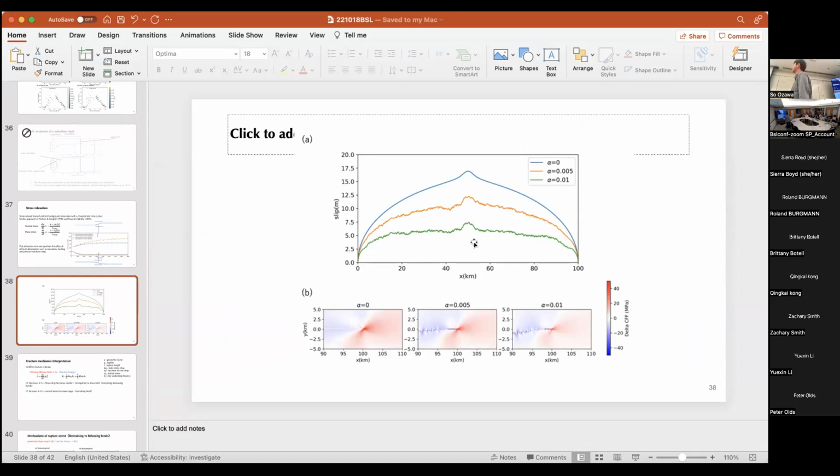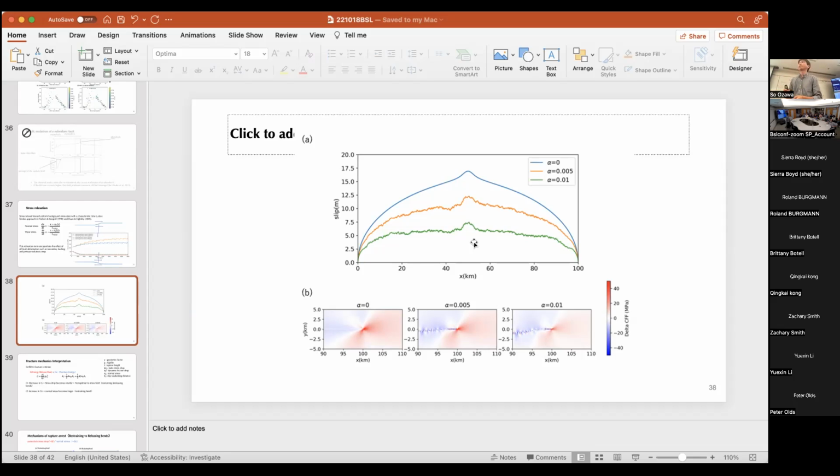Basically, we tend to get smaller slip values if you increase the alpha parameter. This can be explained theoretically by roughness drag theory, which means if a fault is rough, there is additional shear resistance acting on the fault against slip. So slip does not preferentially occur on rough faults.